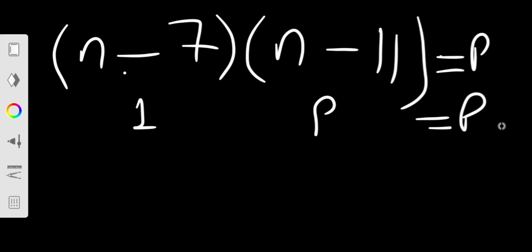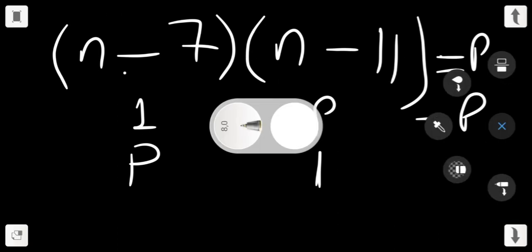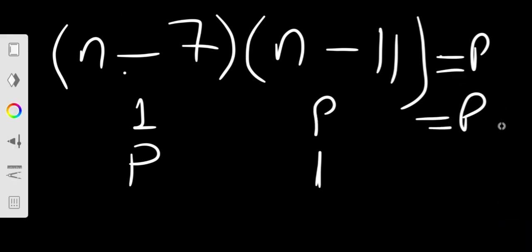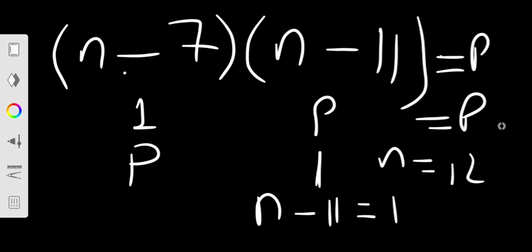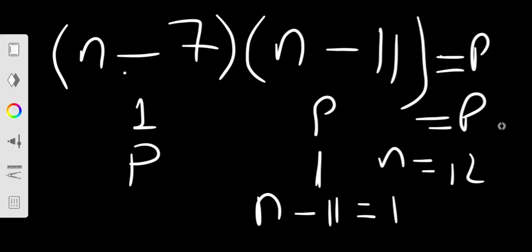Okay, so the second condition is p multiplied by 1. So this part would be p and this part will be 1. Let's see this. So n minus 11 would be equal to 1, right? So n would be equal to 12. The 11 goes to the other side, 11 plus 1 equals 12.